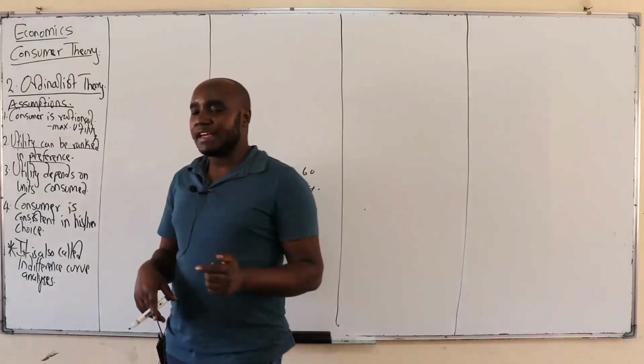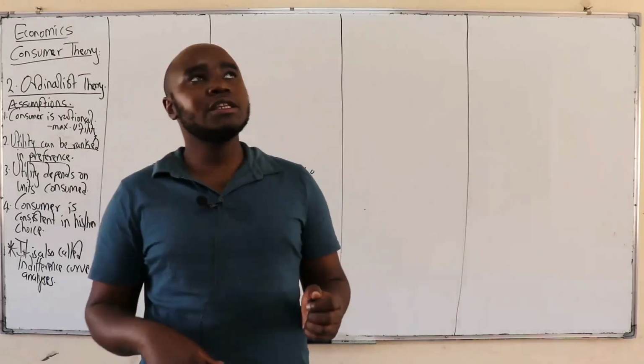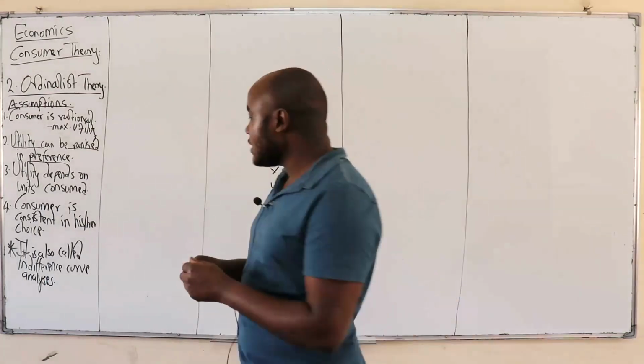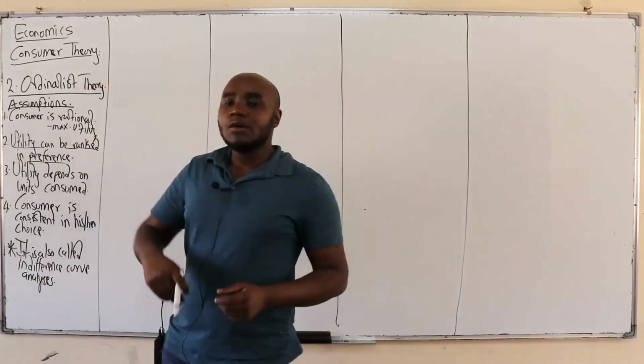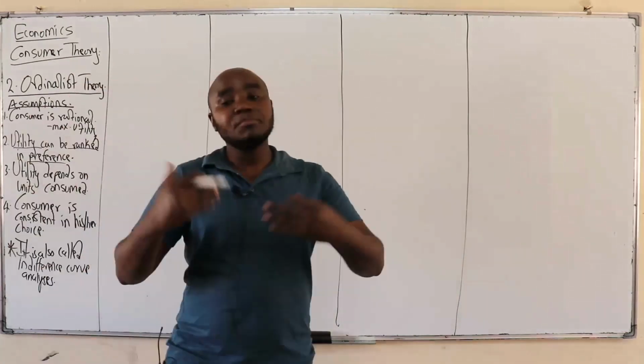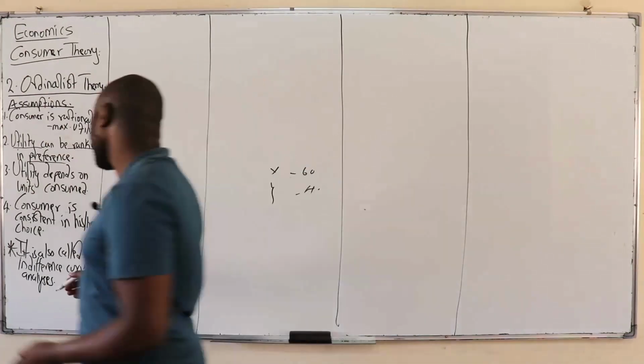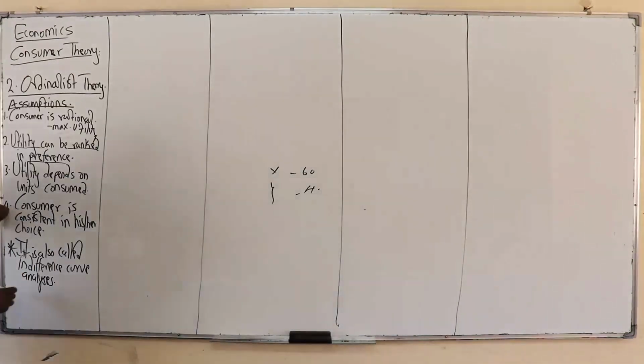That is the cardinalist theory, if you can remember. One of the assumptions was that the utility can be measured. But in here, we are saying that the ordinalist theory states that we cannot measure utility, but we can rank them in preference.